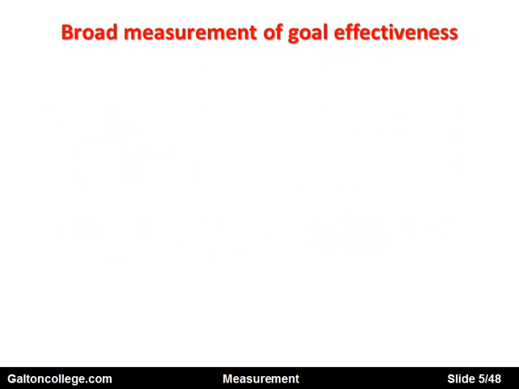Now, broad measurement of goal effectiveness. Well, we have an input dimension. Let's deal with that. So, unit cost efficiency. Now, unit costs are very difficult to measure. Management accountants are very good at this. They apportion the overheads, the labour, the machine time, and they're able to get quite good figures on how much an item costs to produce.